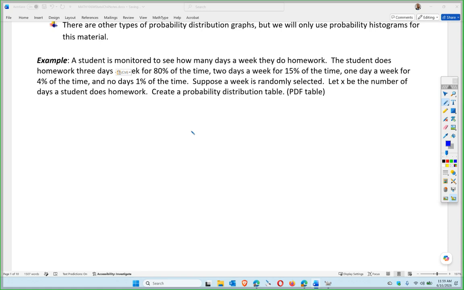Suppose a week is randomly selected, right? So you're going to create a probability distribution table, otherwise known as a PDF table, right? So X will be the number of days, which will be 0, 1, 2, or 3 in this particular one, right?